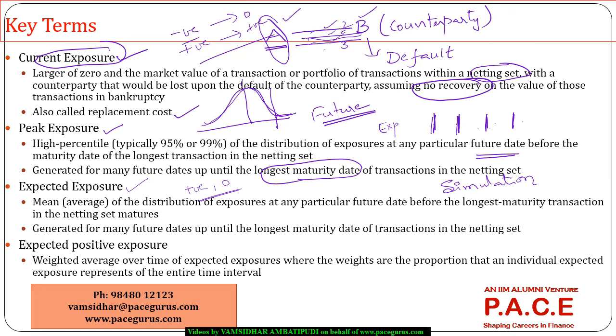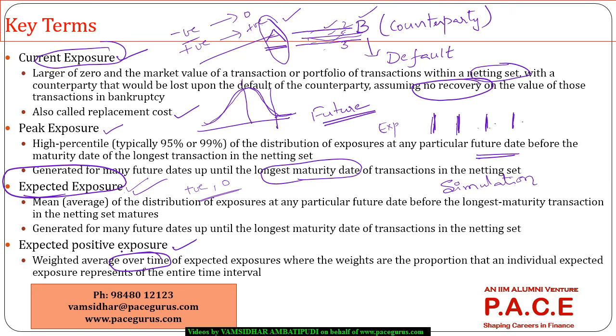And there is one more definition, which is expected positive exposure. Now we have got so many exposures out here for each of the transactions. I'm taking the weighted average of all these expected exposures over time. So for different time periods, I'm trying to find out what is the expected exposure.